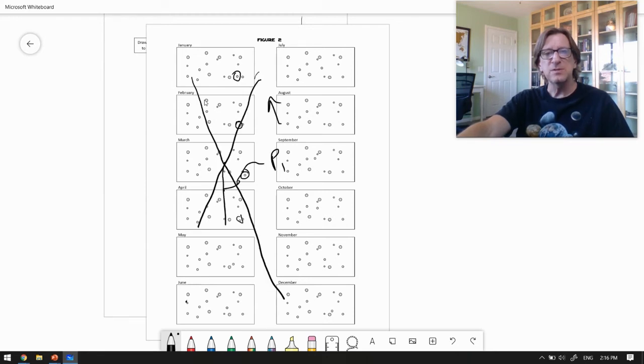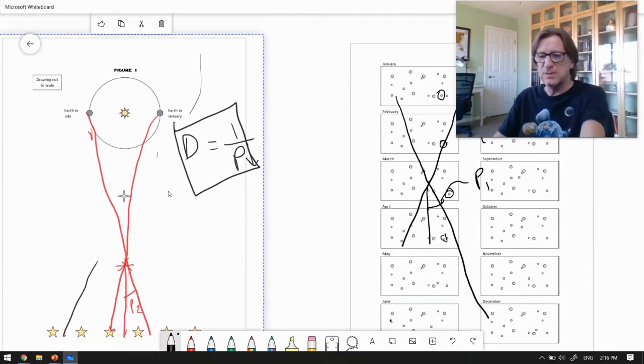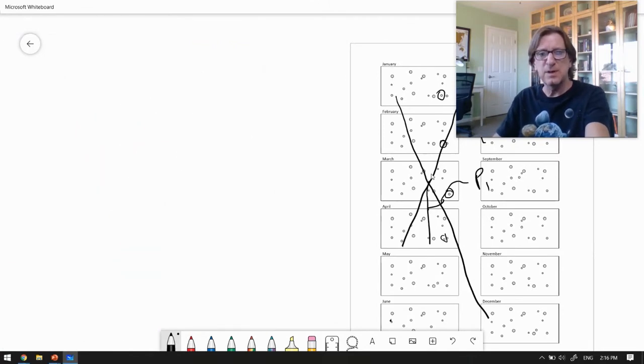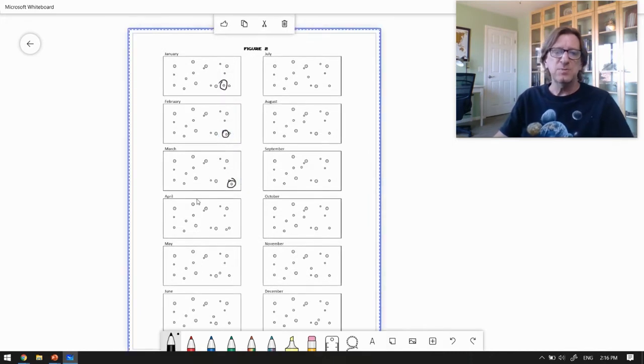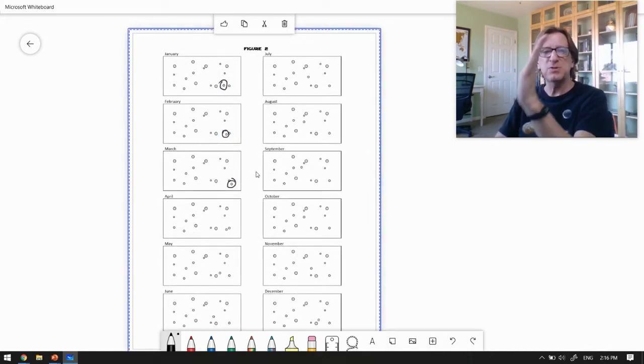So you see what happened was, let's see, you know what? I'm going to get rid of this piece because that is interfering. So let's do that. There. Now you should be able to see that a little bit better. You see what happened was it started, went to an extreme, and now it's turned around and it's coming back.